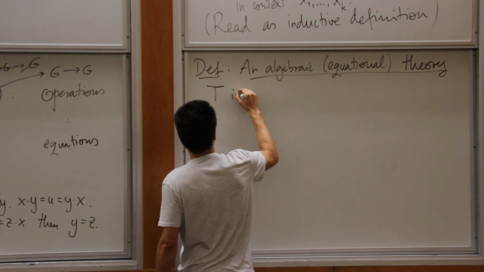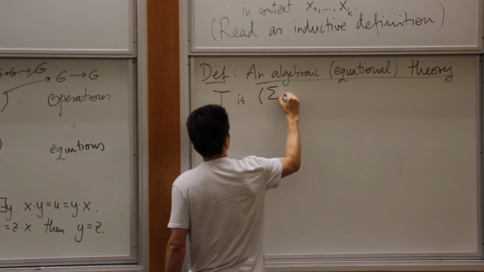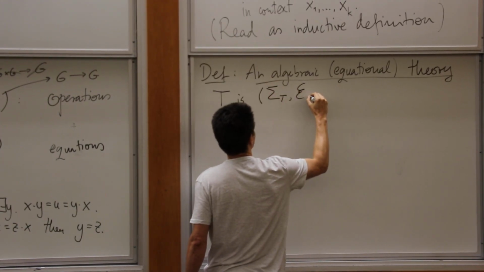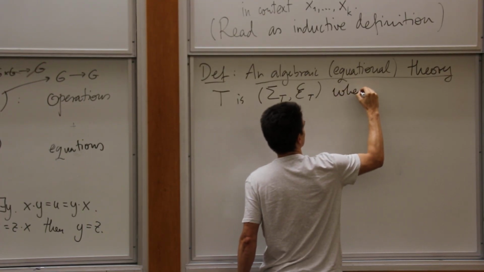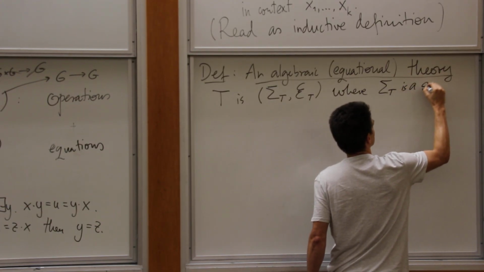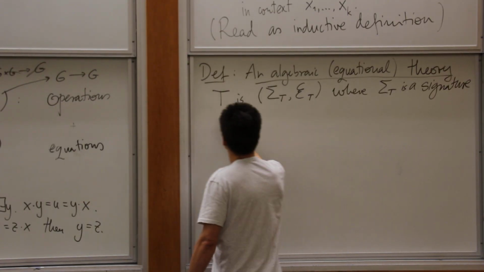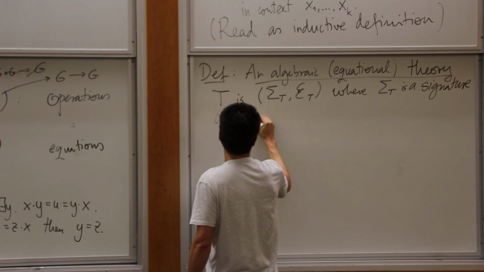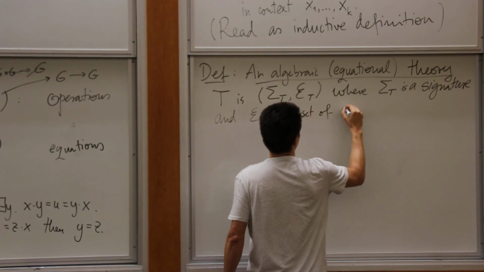A theory T is given by a pair of things, a signature and a set of equations, where Sigma_T is a signature, and E_T is a set of equations.